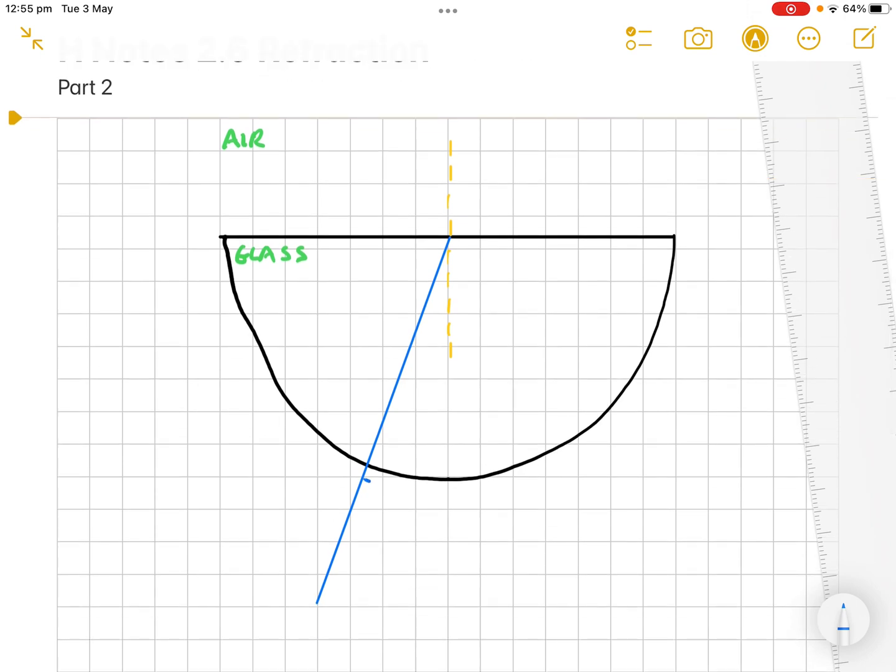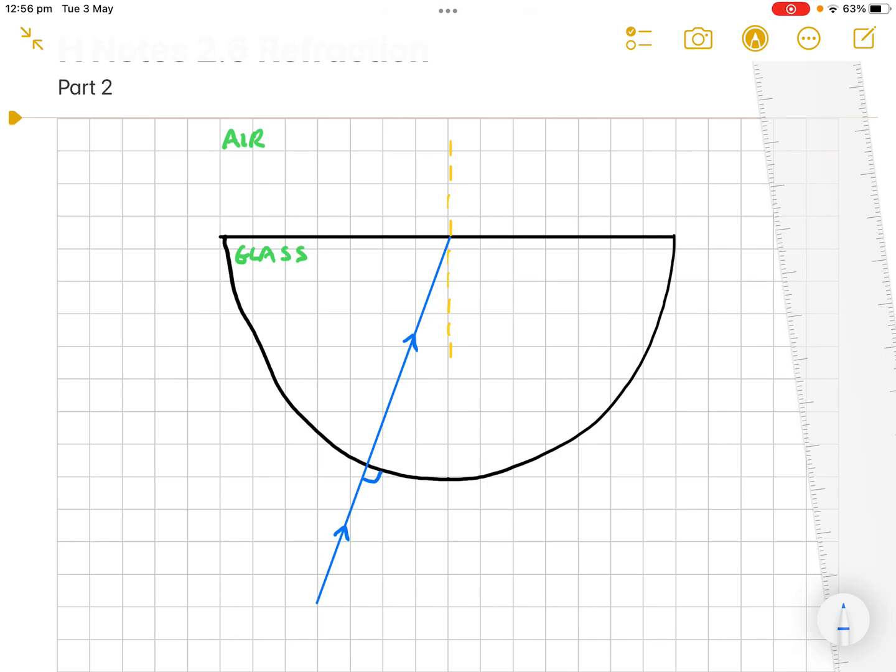Now, because it's entering at a right angle to the circumference there, it travels straight through because it's lying on a normal. So there is no refraction at the first air glass boundary.